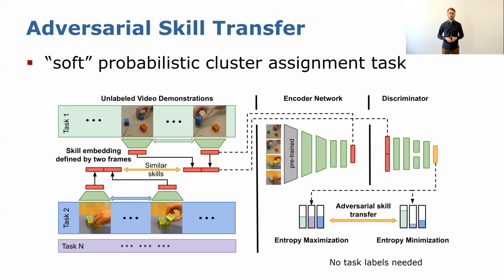The discriminator network, which is used only during training, takes 2 concatenated embedded frames that define an unlabeled skill as input and outputs the probability of the skill originating from a concrete task. Without label information, we make use of information theoretic measures on the predicted class distribution to group the unlabeled skills into well-separated categories in the skill embedding space.